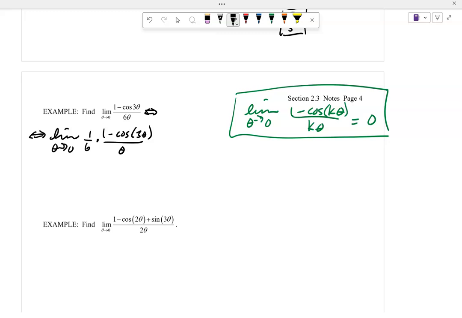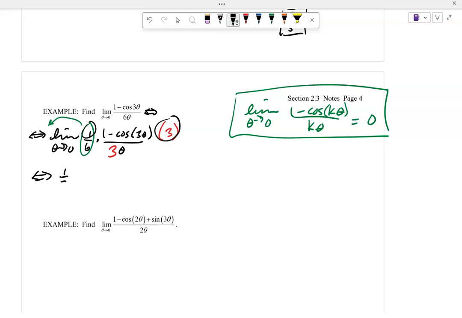Now again, I want 1 minus cosine 3 theta over 3 theta, right? I've already taken this 1/6 out. I'm going to put that in front. So I just want a 3 theta right there. I can't just all of a sudden introduce it. If I multiply the bottom by 3, I got to multiply the top by 3, right? And so I'm going to multiply the 3 times 1 over 6.